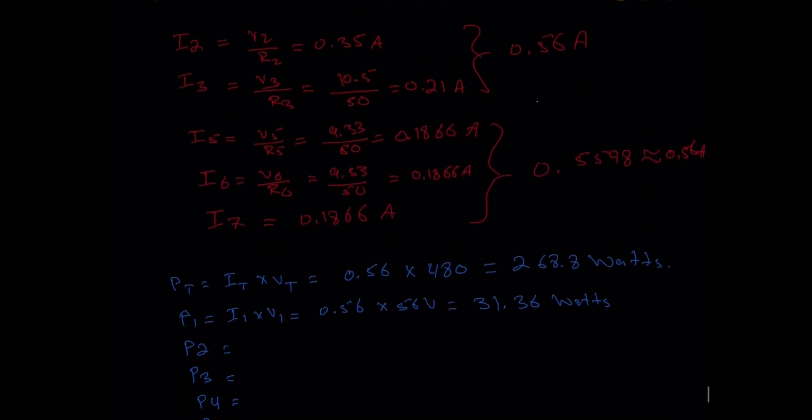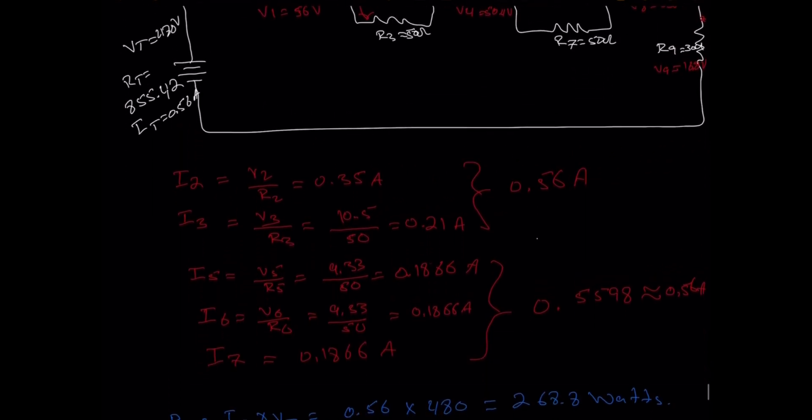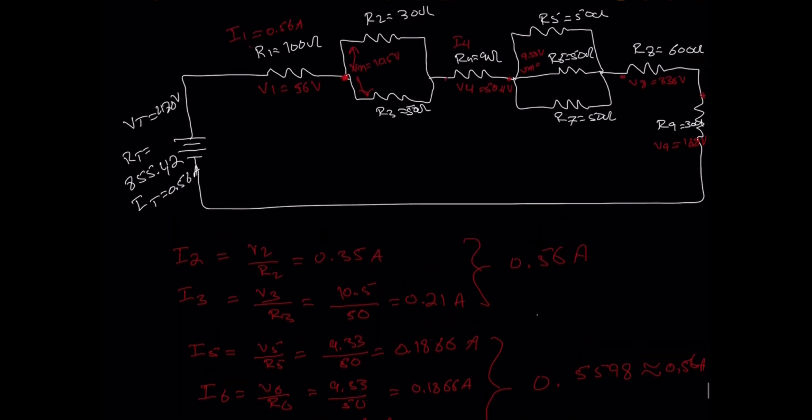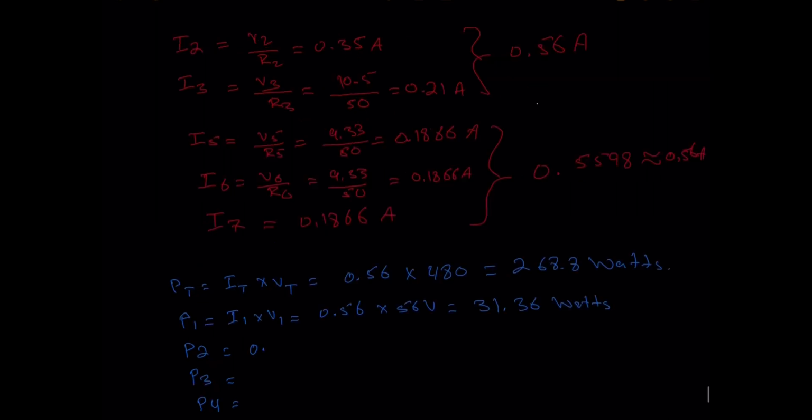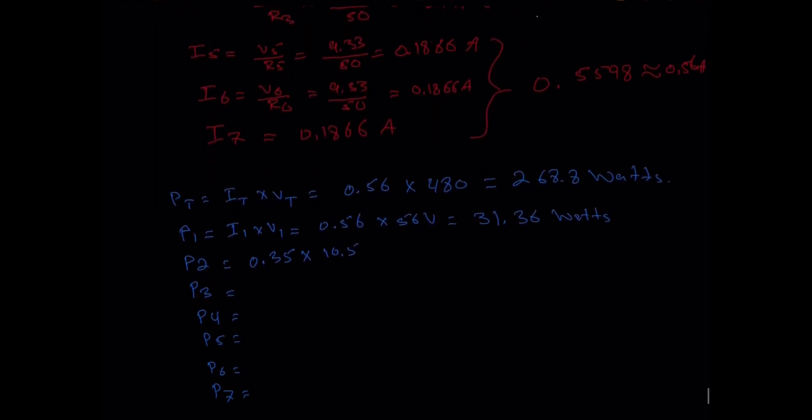Okay, so at P2, we found the current at 2 was 0.35 and the voltage is 10.5. 0.35 times 10.5 will give me 3.675 watts.